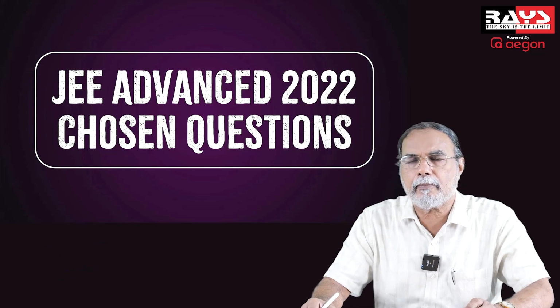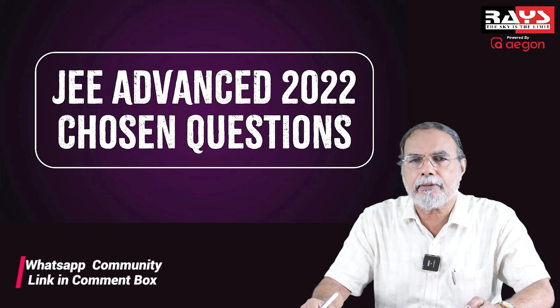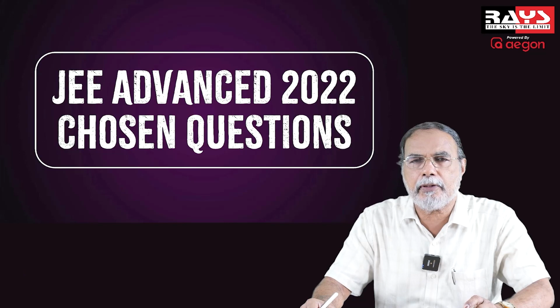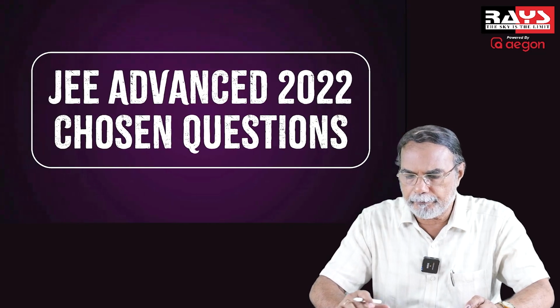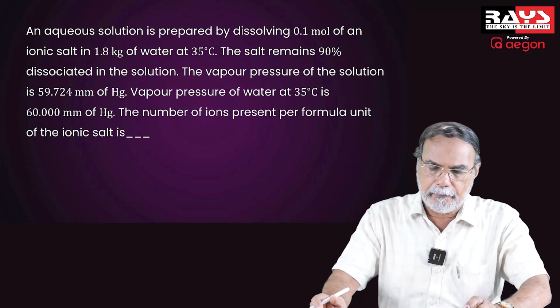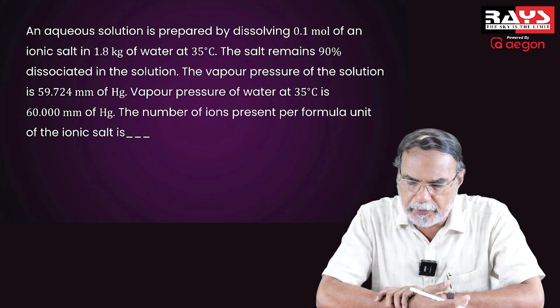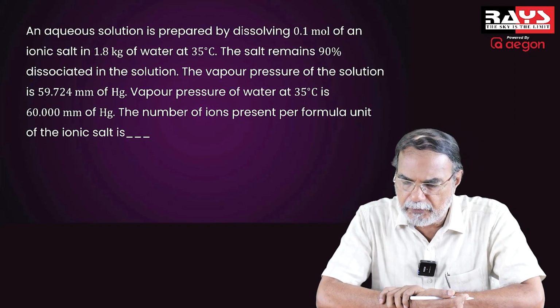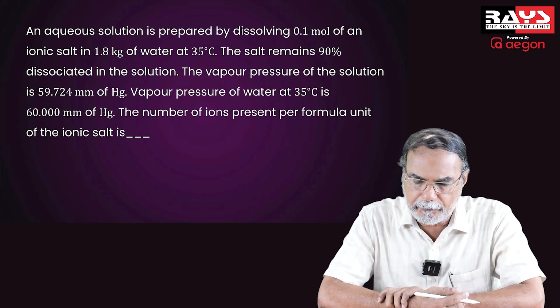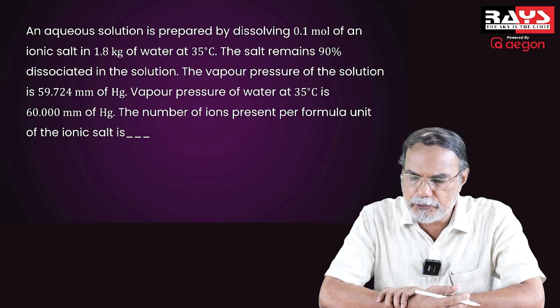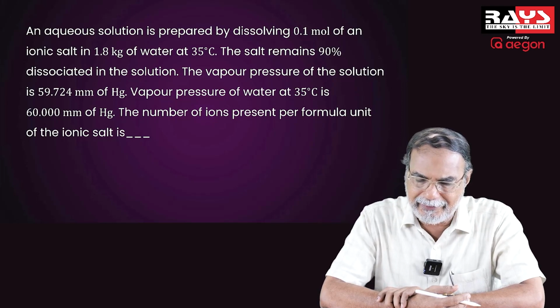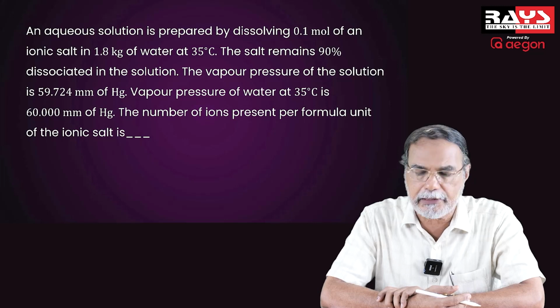We are discussing questions from JEE Advanced 2022 Paper 2. Coming to this question, in physical chemistry: an aqueous solution is prepared by dissolving 0.1 mole of an ionic salt in 1.8 kilogram of water at 35 degrees Celsius.